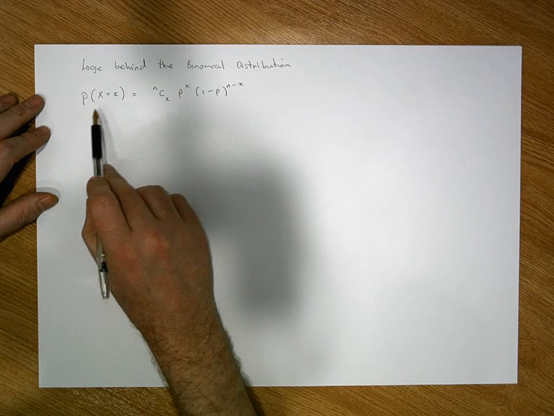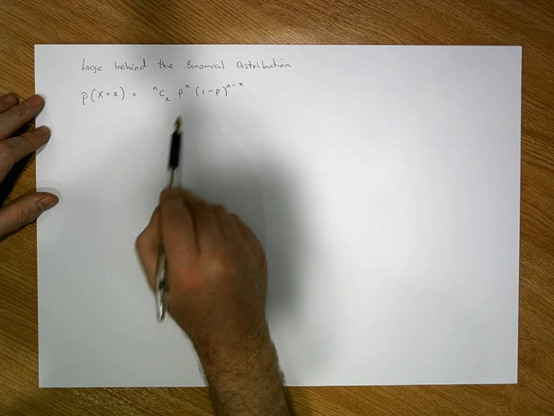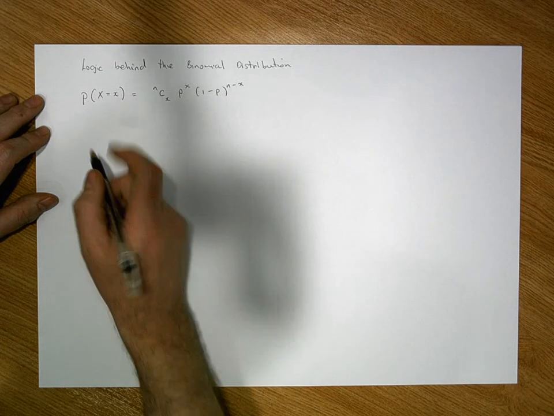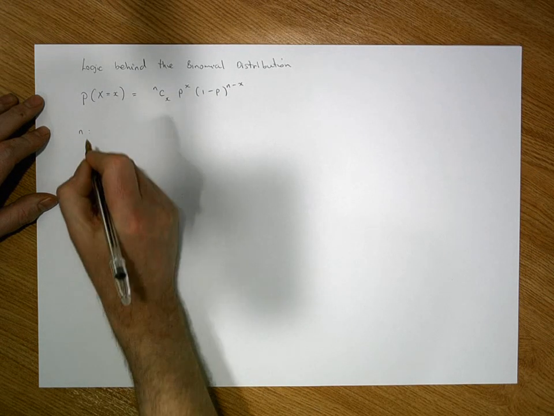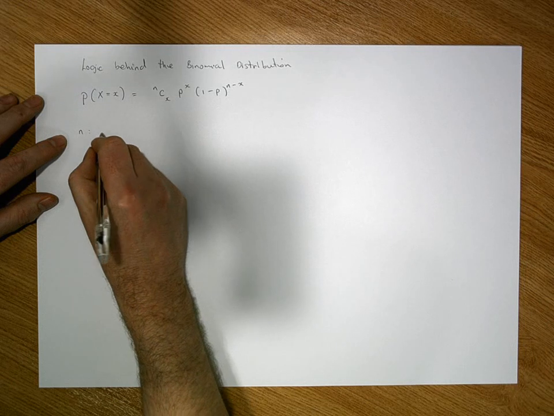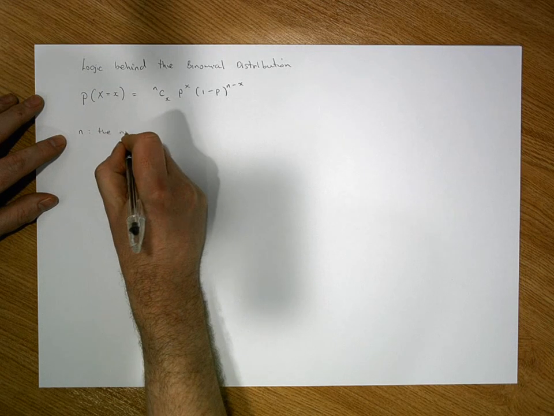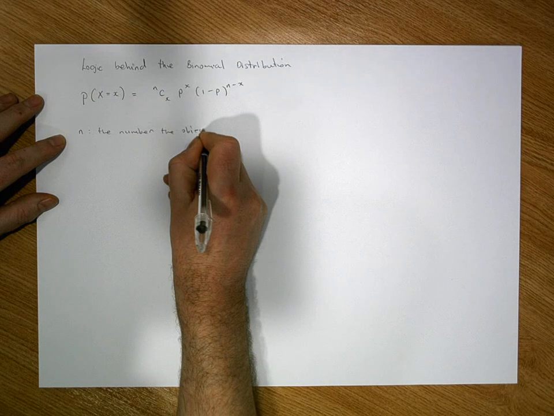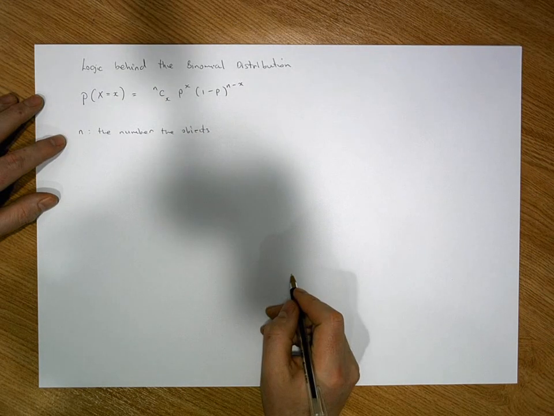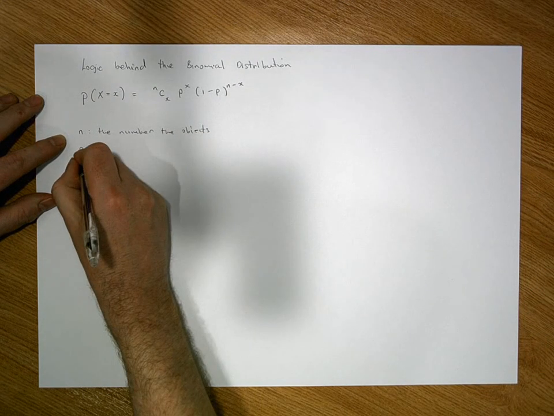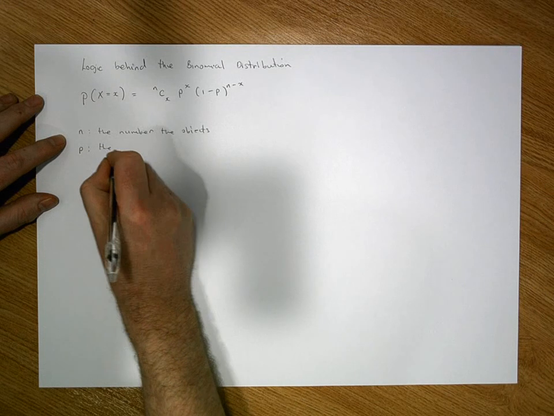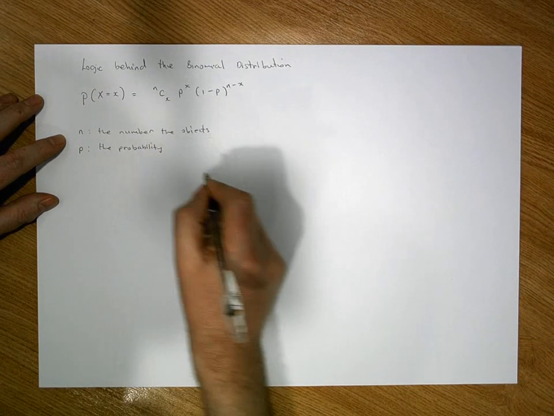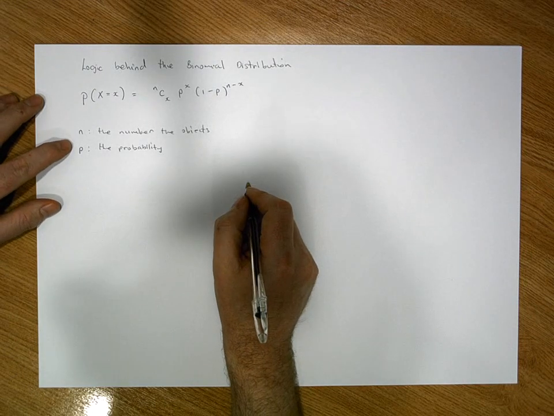With respect to this particular formula, there are a number of parameters that are important for us and that we need to know. The parameter n typically symbolizes the number of objects in the experiment. p typically symbolizes the probability of some particular event, the probability of success or the probability of failure.